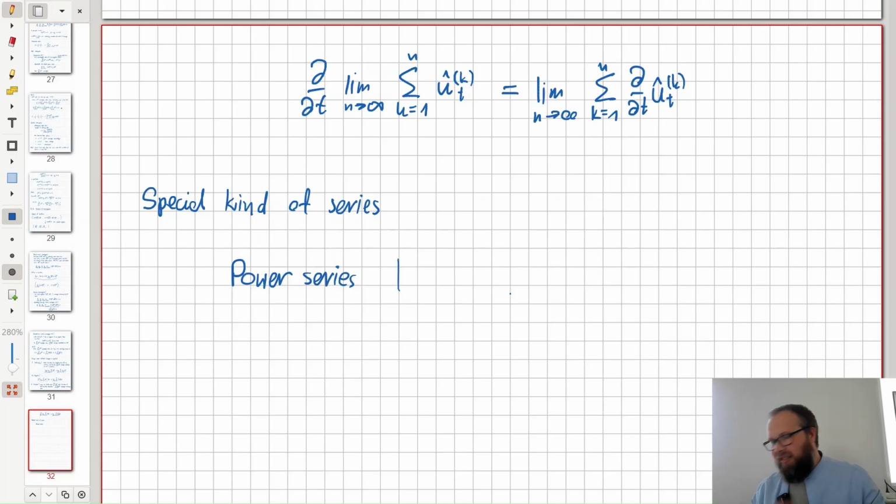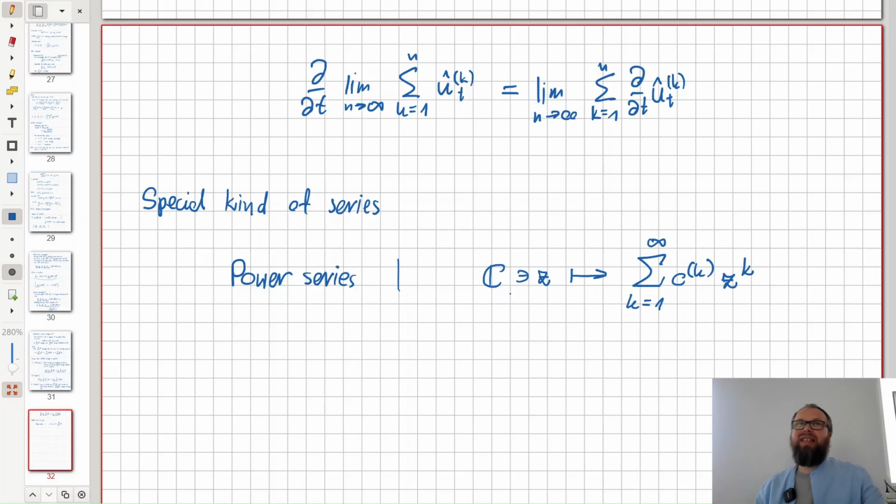Power series is basically something, let's say power series on complex numbers. So it will be a function of complex numbers in general. There are some coefficients, and the dependence is like this.